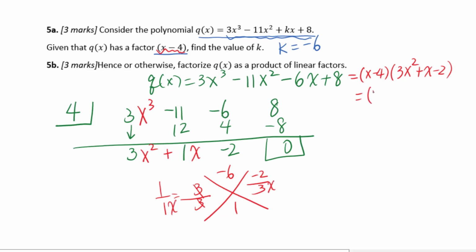Bottom up, your final answer will be x minus 4, x plus 1, 3x minus 2. This will be the solution to 5b. So when you look for all the zeros or all the linear factors of polynomial functions, synthetic division is a good way to figure those out.